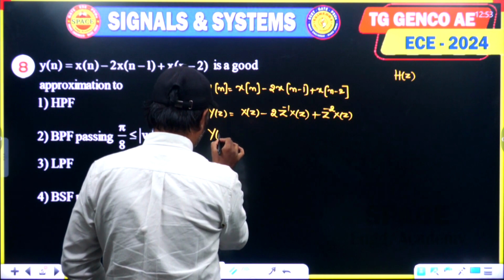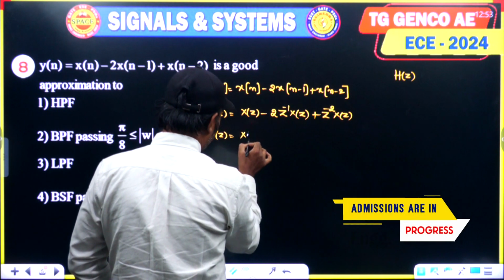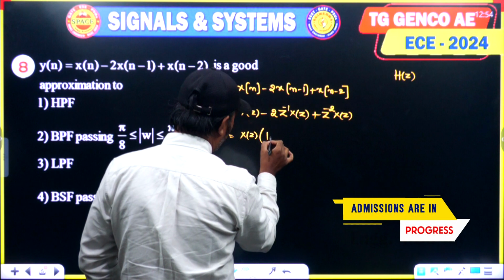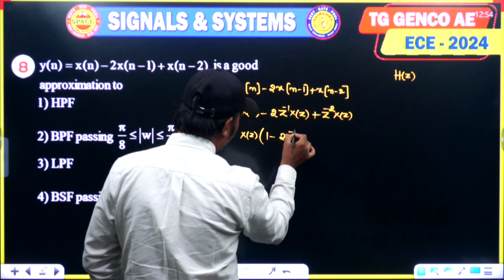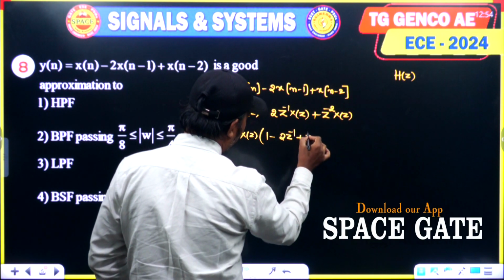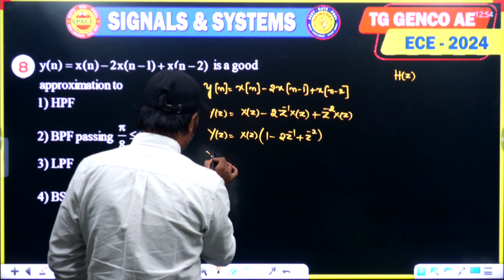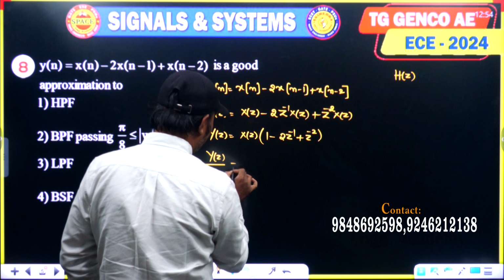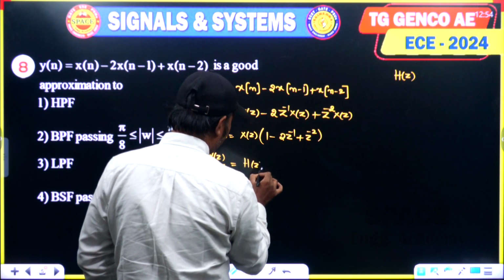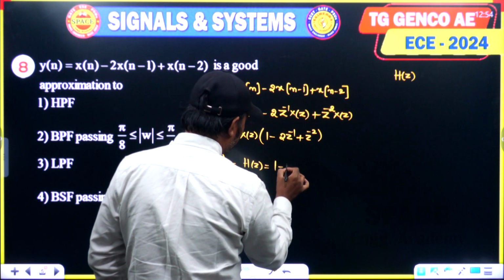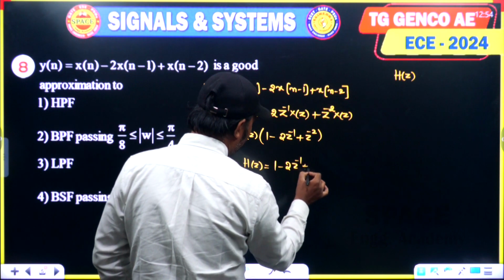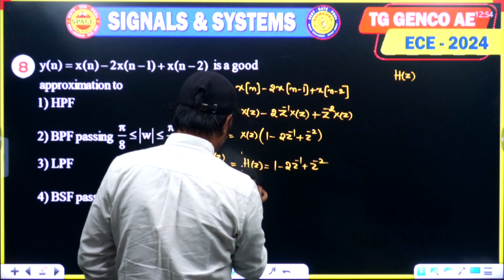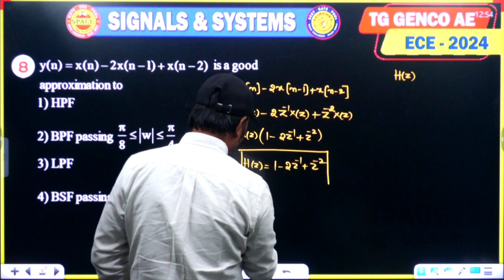Or Y of z is equal to, take X of z common, (1 minus 2z inverse plus z power minus 2). Now I will take the ratio Y of z by X of z, which is nothing but H of z, which is 1 minus 2z inverse plus z power minus 2. This is your transfer function.